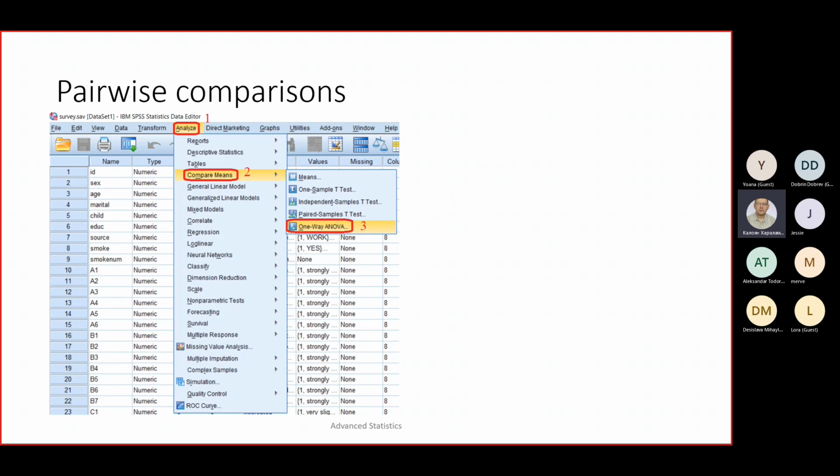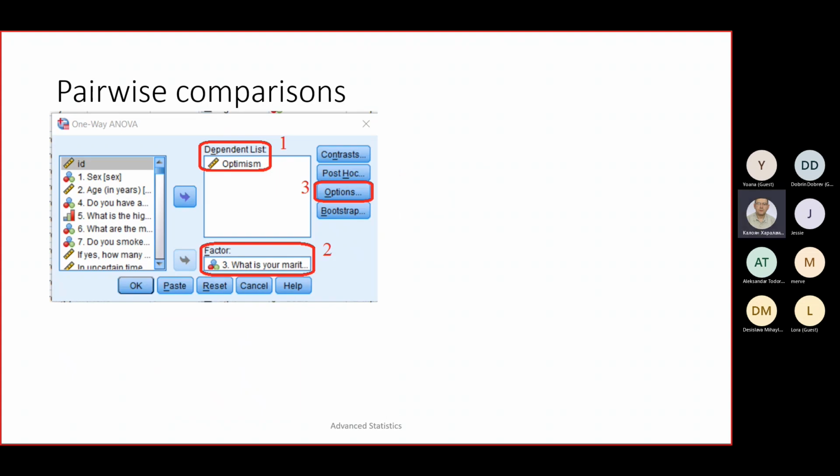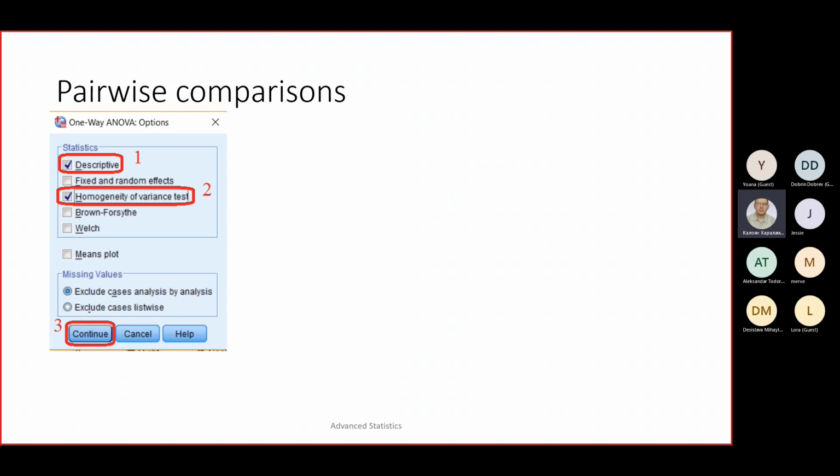and this preliminary step is checking of homogeneity of variances or checking of equality of variances, and we have here this option, homogeneity of variance test.